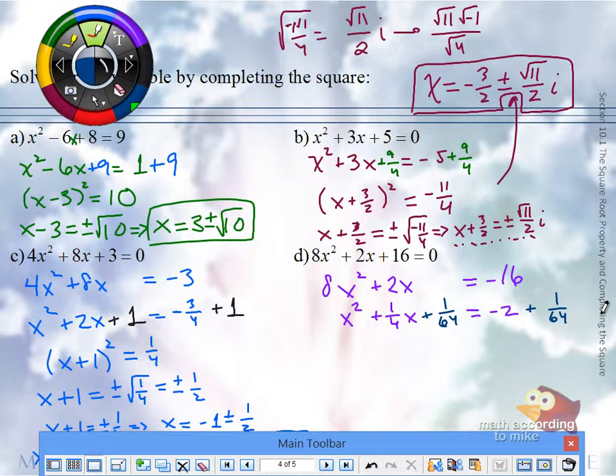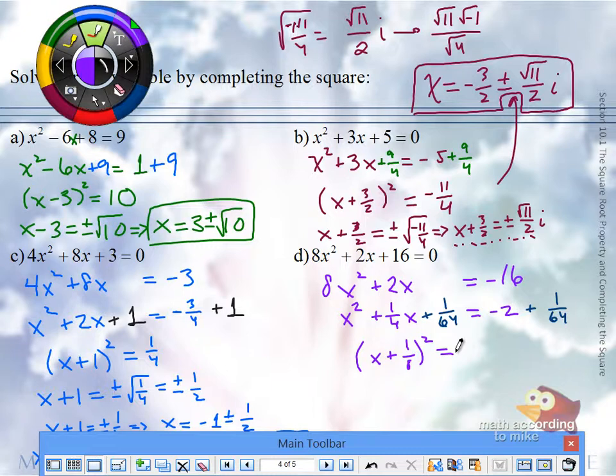The left-hand side factors as x plus 1/8 squared equals negative 2 plus 1/64 without a calculator is, plus 1/64.